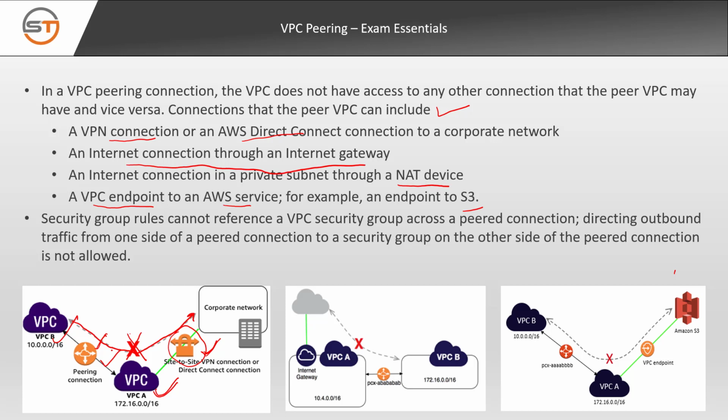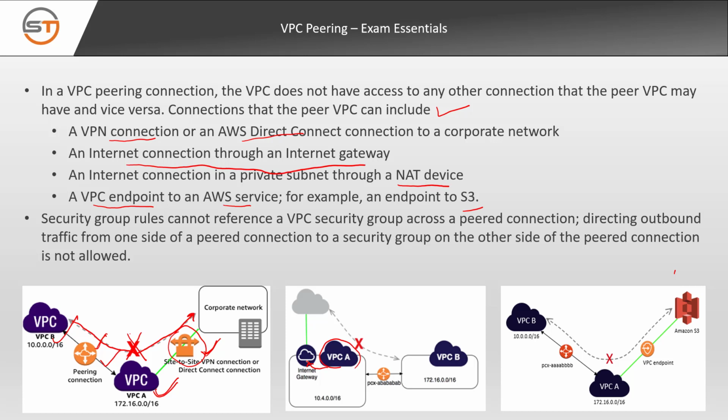On a similar line, say suppose VPC A is connecting to the internet, maybe some of the EC2 instances from VPC A are connected to the internet gateway as they have routes for the internet gateway. So the subnets in VPC A which contain routes to the internet gateway may be able to connect to the internet.